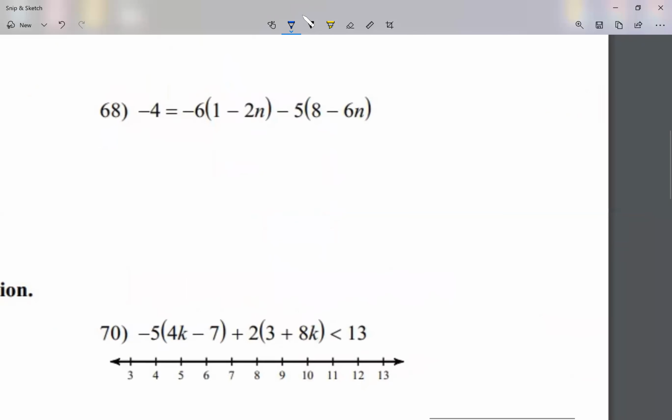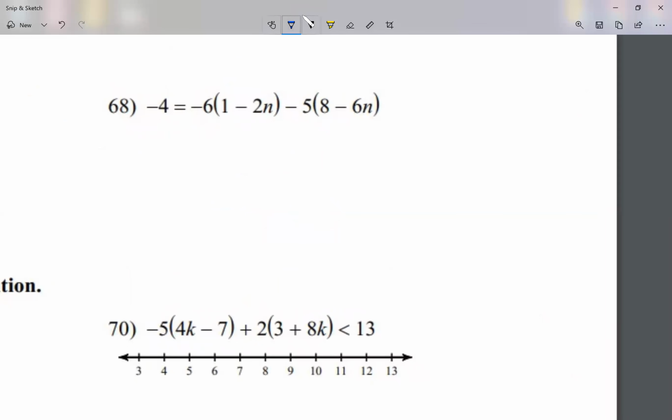Looking at 68, let me get rid of parentheses. I'm going to multiply this negative 6 to the inside, and I'm going to multiply this negative 5 to the inside. So that gives me negative 4 equals negative 6 plus 12n minus 40 plus 30n.